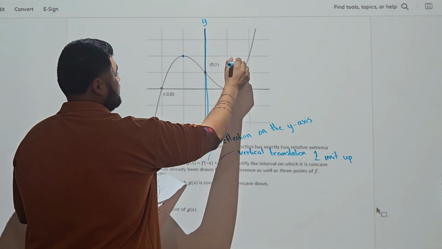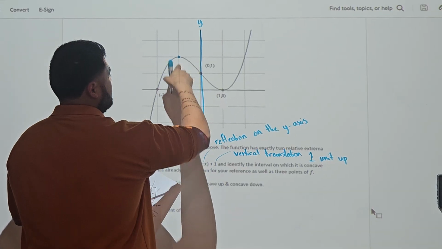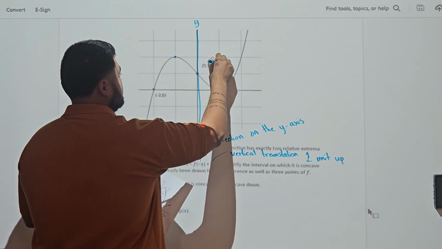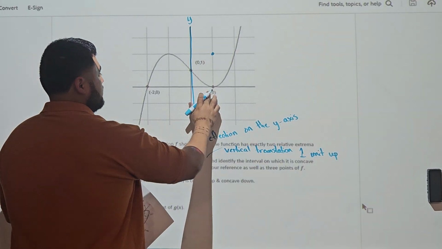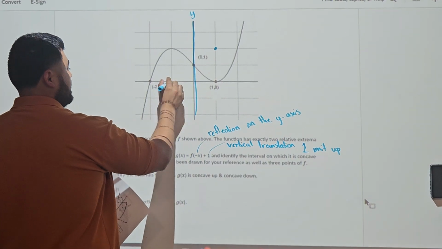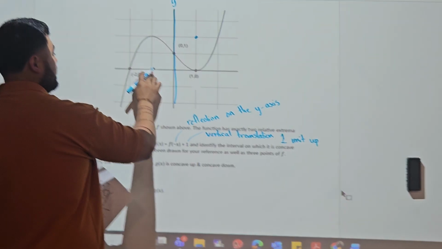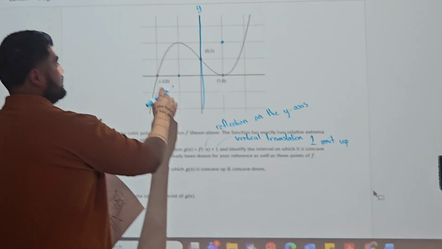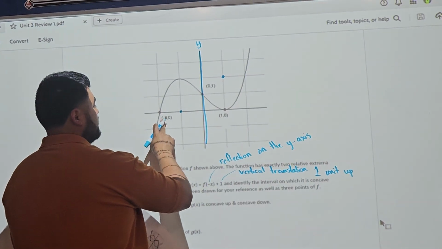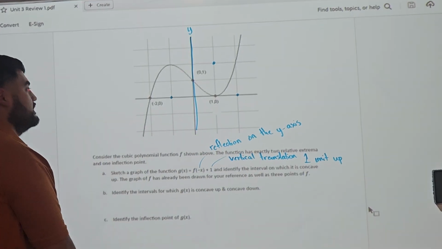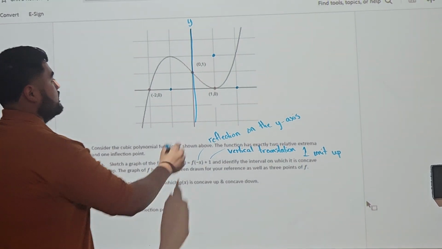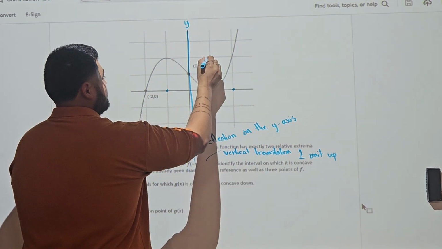So then you have this point right here. Now it's gonna go 1, 2, 1, 2, over here. And then 1, 0 is gonna be negative 1, 0. So negative 2, 0 is now gonna be positive 2, 0. Something like this. So if my peak is over here, my peak is gonna be over here.